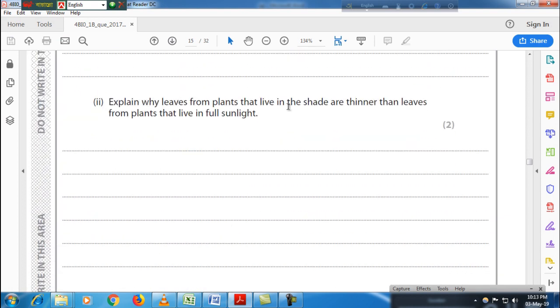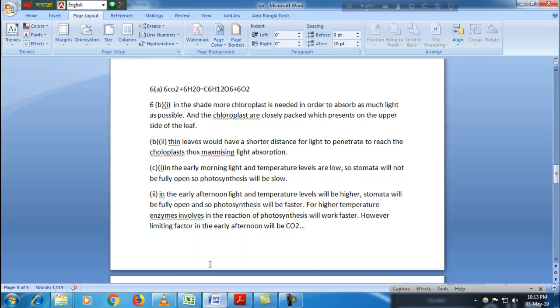Now number 6B, number 2. Explain why leaves from plants that live in the shade are thinner than leaves from plants that live in full sunlight. The answer is, thin leaves have a shorter distance for light to penetrate to reach the chloroplasts, thus maximizing light absorption.